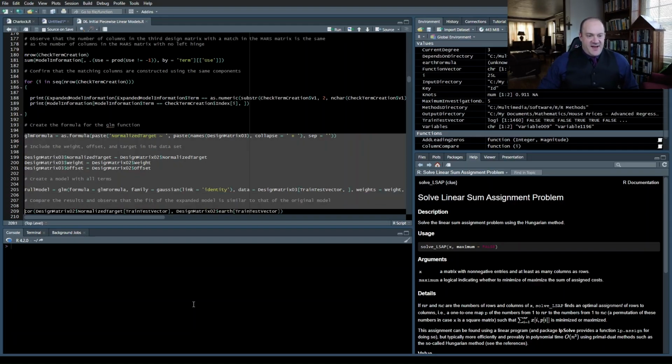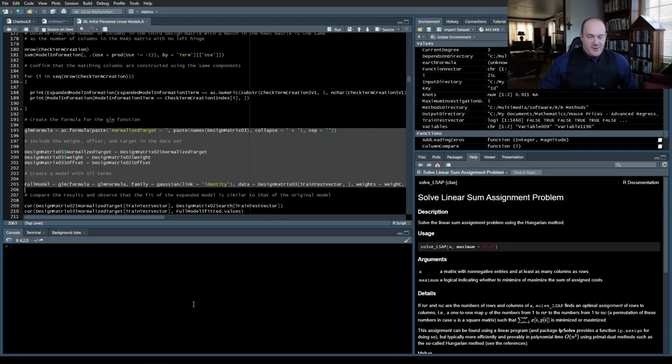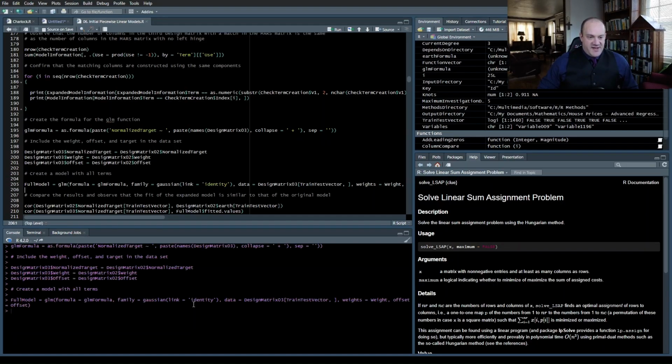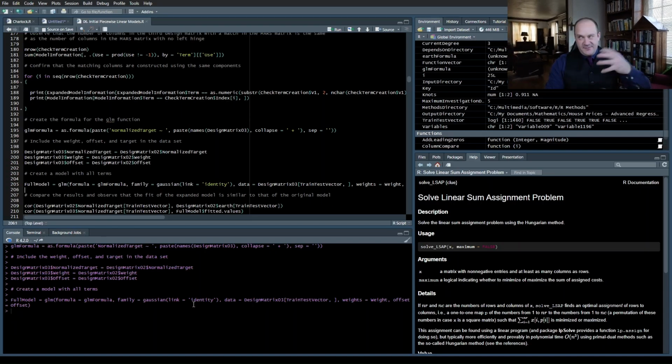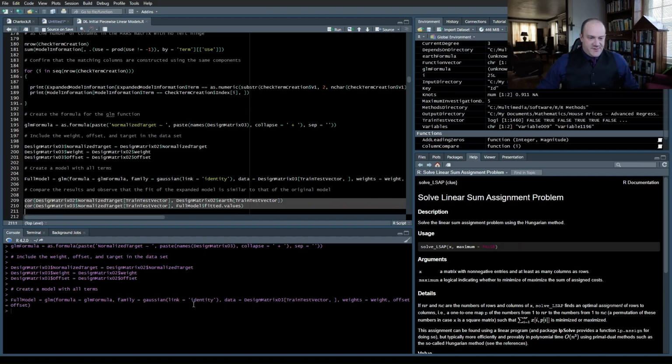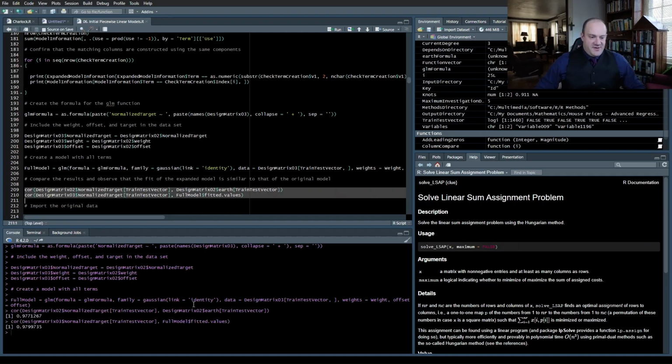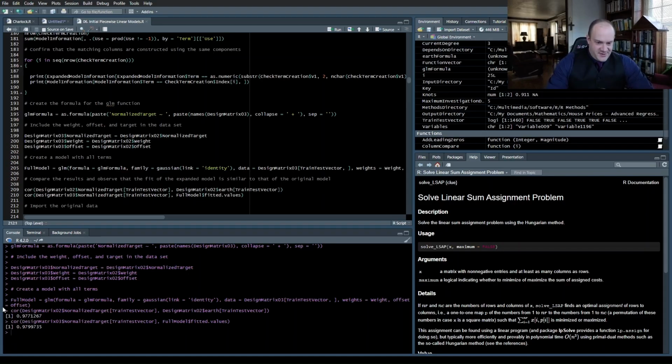So now that we have that, we are going to create a model with all of the terms we just created. Keep in mind that the Mars routine gave us 49 terms. We have 98 terms, I think, once we rewrite our mins as linear minus max. And so we've got more terms, so therefore it should be more flexible, and lo and behold, that's what you see in the correlation here.